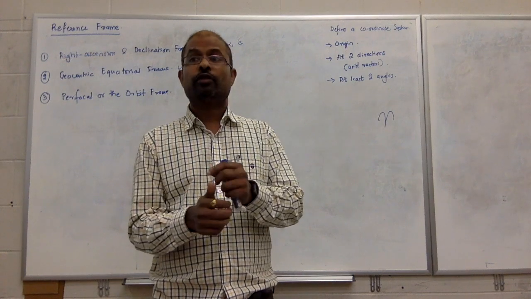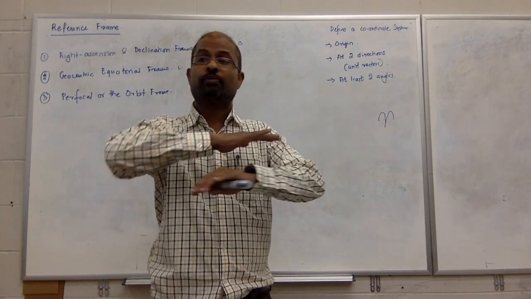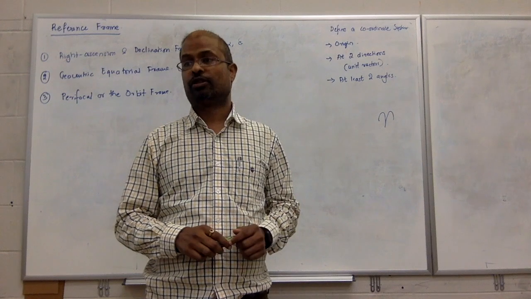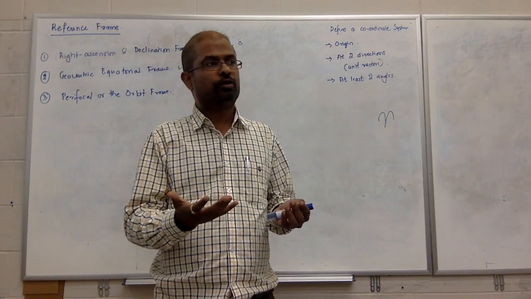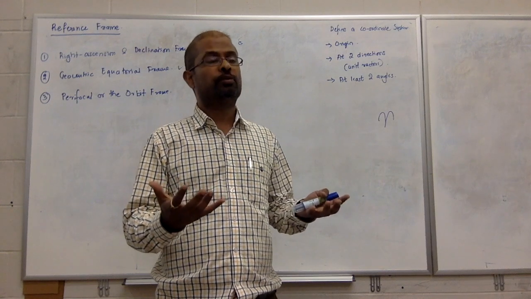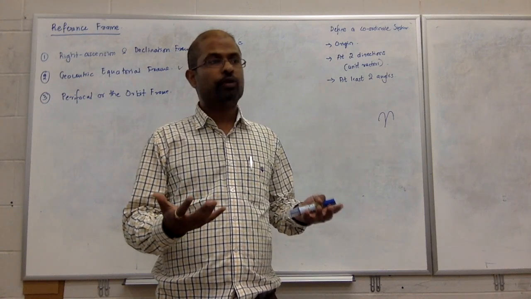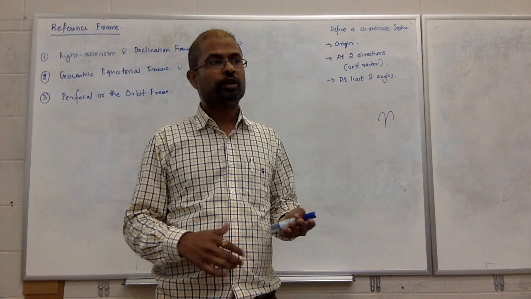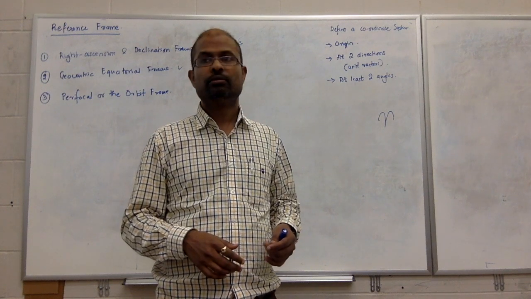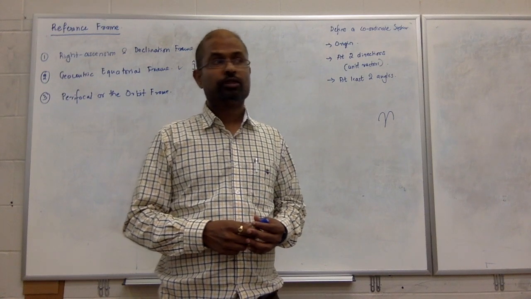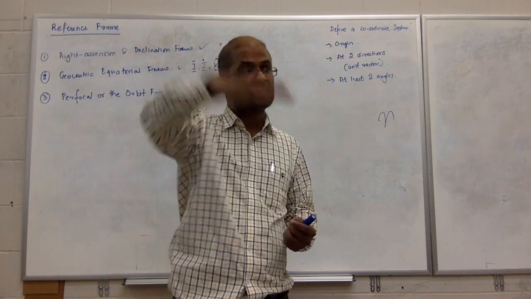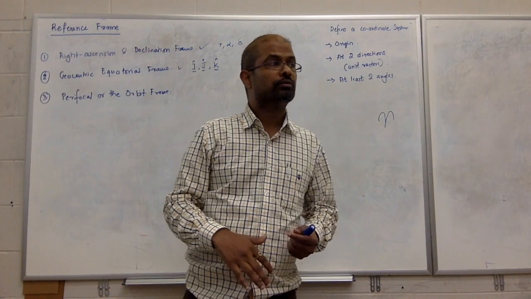So that equatorial plane is perpendicular to the axis of rotation. You should always understand that. Otherwise, there wouldn't be any axis of rotation. If I give you a sphere, can you tell me what plane is the equatorial plane if it were not rotating? You cannot, right? So the axis of rotation defines the equatorial plane. You get it?